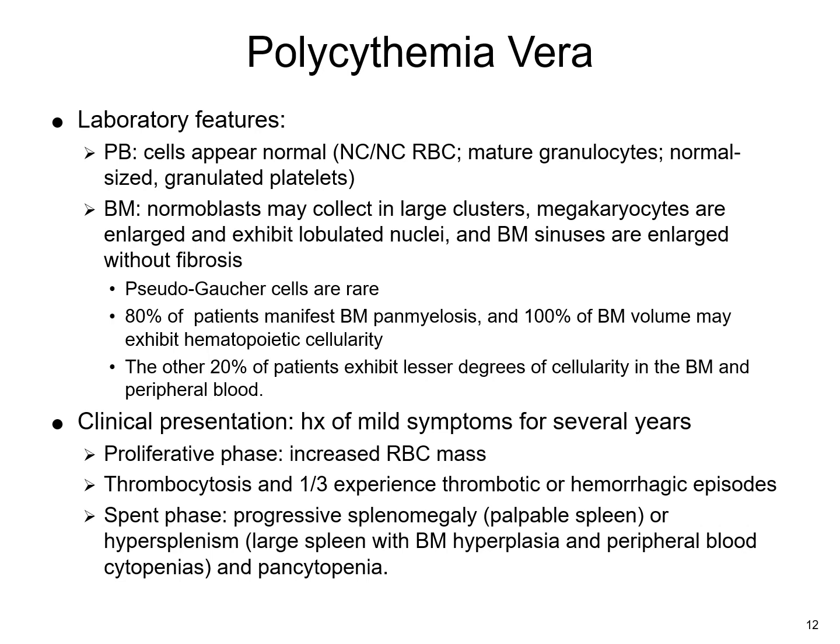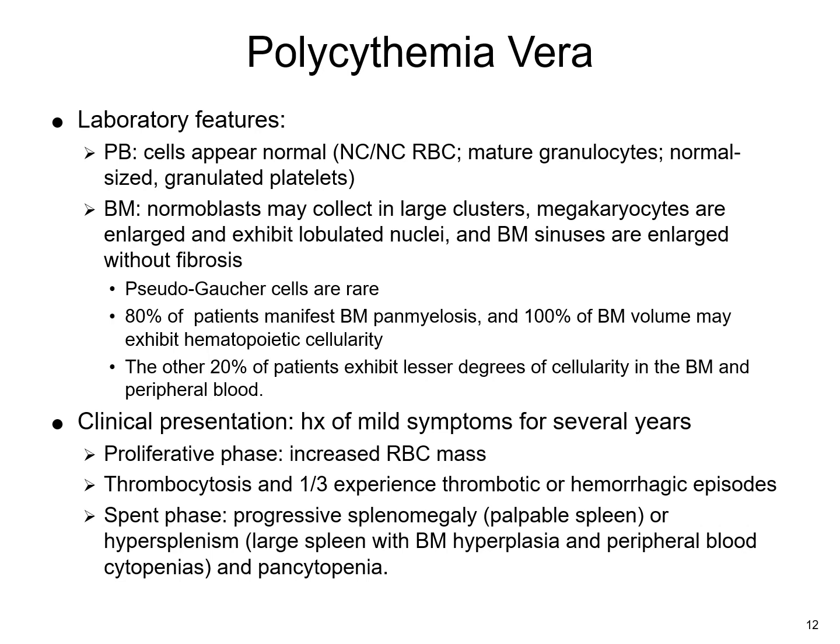Now within the laboratory, the patient's peripheral blood is going to appear normal. So you will have normocytic, normochromic red blood cells, mature granulocytes, and normal-sized granulated platelets. The bone marrow, however, will have normal blasts that can actually collect in large clusters, megakaryocytes that are large and have a lobulated type nucleus, and the bone marrow sinuses are enlarged without fibrosis.